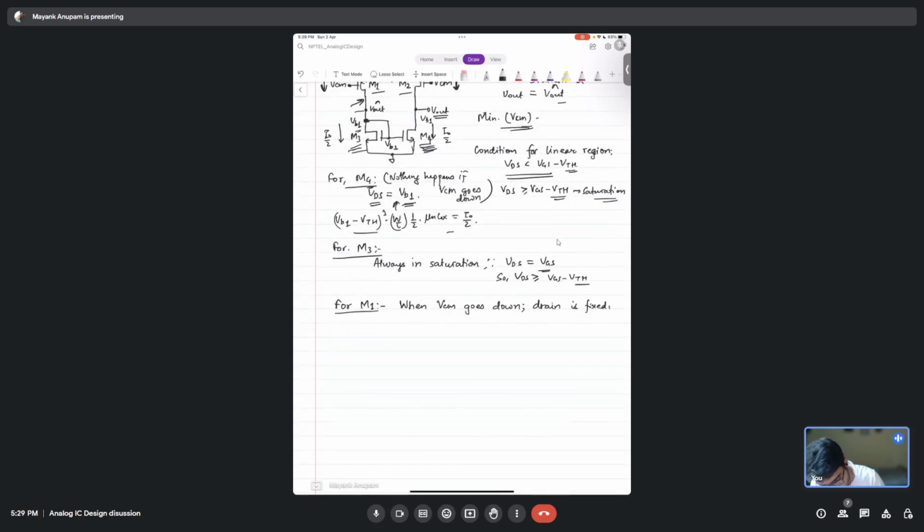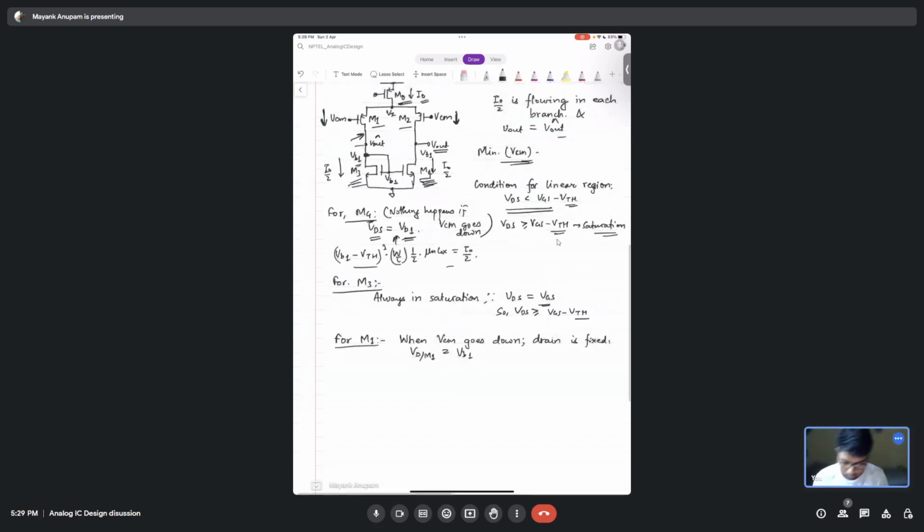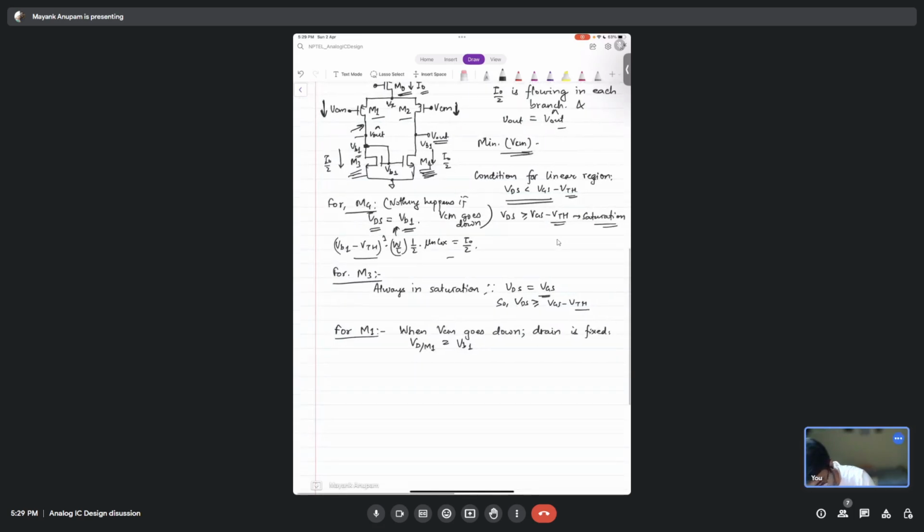And what is the drain voltage? It is some VB1, isn't it? So VD of M1 is equal to VB1. Okay, fine. So now the drain does not move. Gate goes down. So what happens to this source voltage Vx? What happens to that?